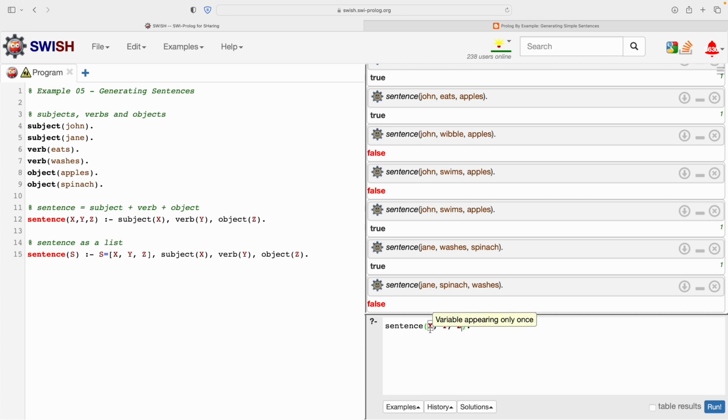So when we put a variable in a query, and remember variables have capital letters at the start, we're asking Prolog, find ways to make this true. Which values for X, which values for Y, and which values for Z make it true. Let's start actually simple. Let's say washes and spinach, and we'll only have one variable just to start with.